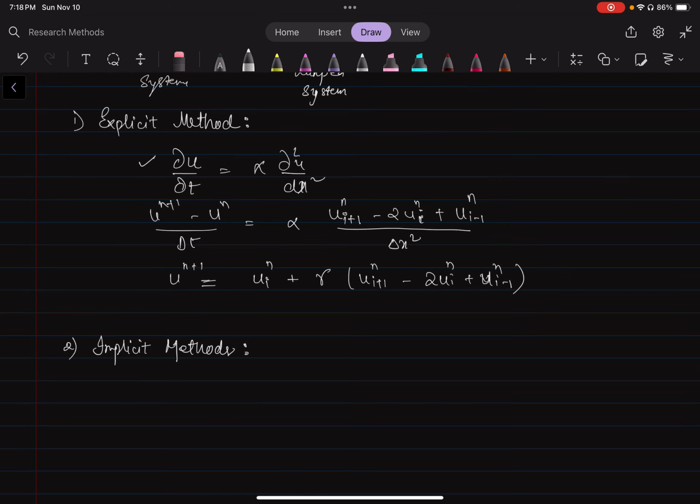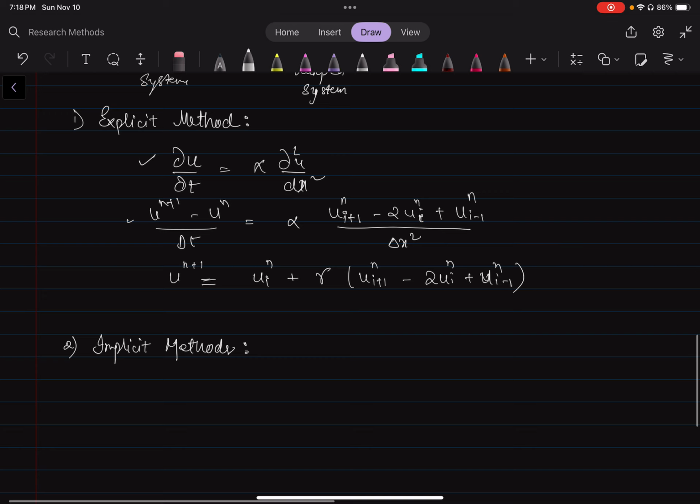Here, n plus 1 stands for the next time step, and u of n stands for the current time step which we are at. Similarly, i plus 1 and i minus 1 are the points which are spatially there. i is the point for which we are calculating, i plus 1 is the point ahead of it in space, while i minus 1 is the point behind it in the spatial domain. And alpha is the diffusion constant here.